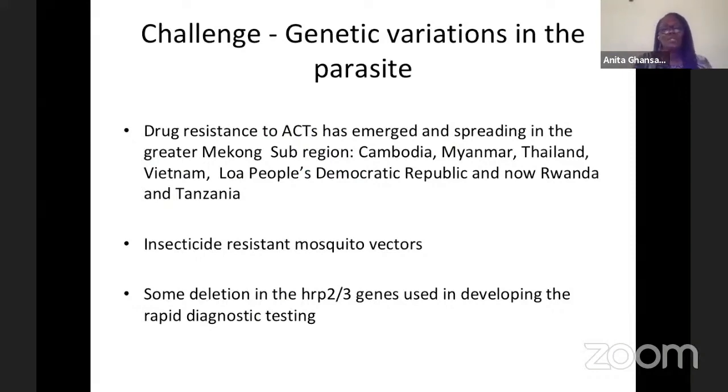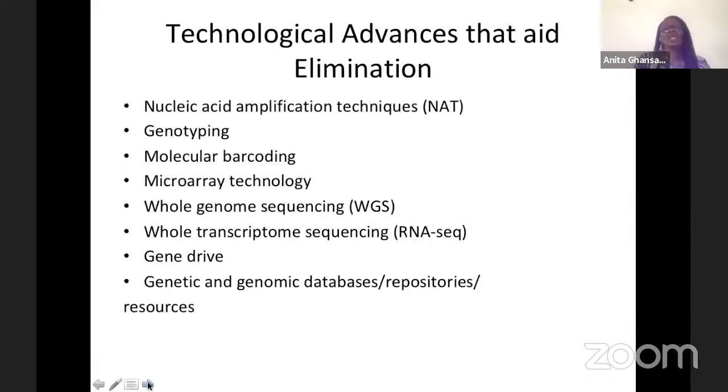And for our diagnostic kits, there are deletions in the genes that were used to develop these diagnostic kits. And so there are about 10 or 15% of people with these deletions across Africa, and therefore we are not diagnosing malaria properly.